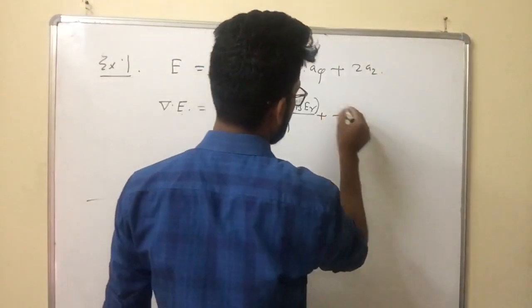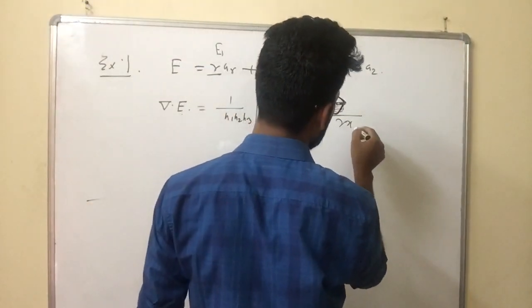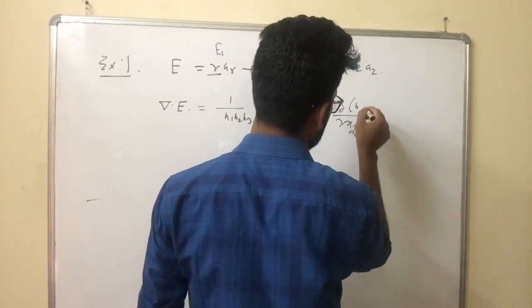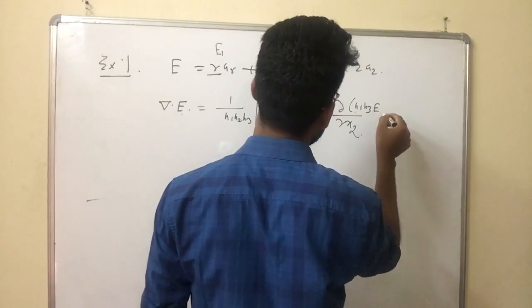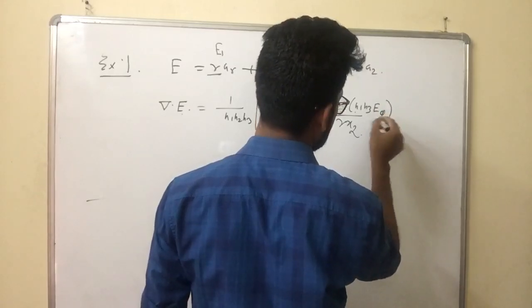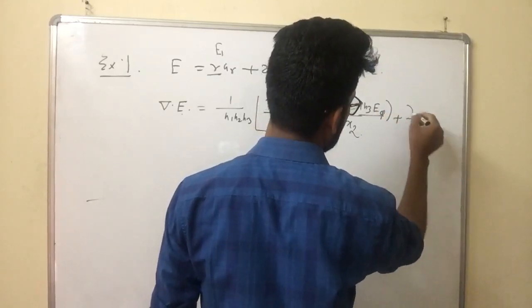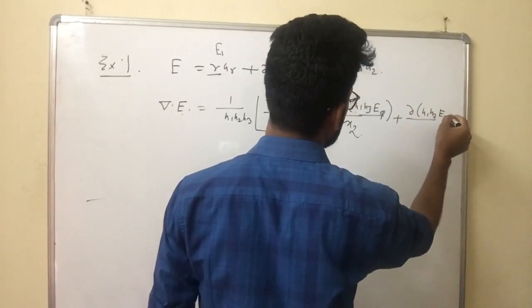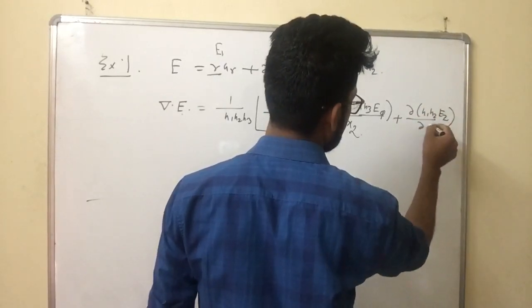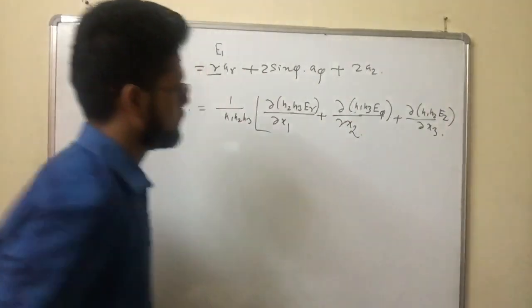So the second term will be X2. When I write X2, H1, H3 is there, H1, H2 will be missing. This is E phi. The third term will be the derivative with respect to X3 of H1 H2 E Z. This is the general equation.